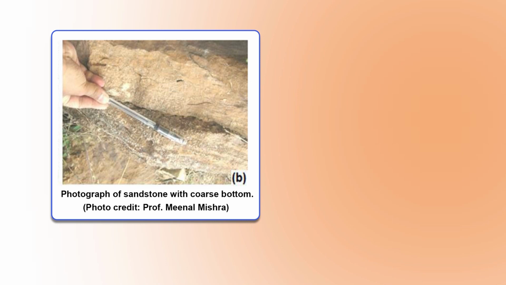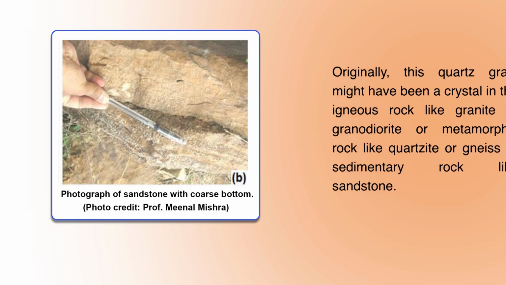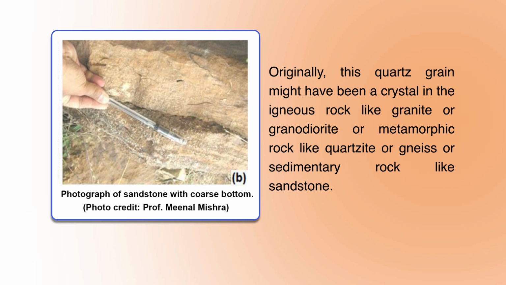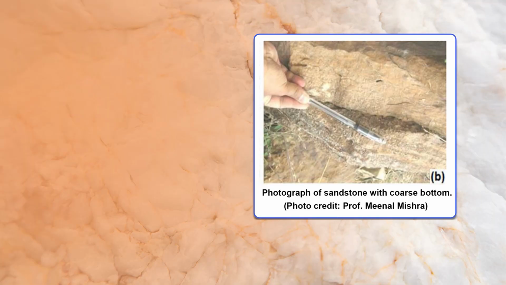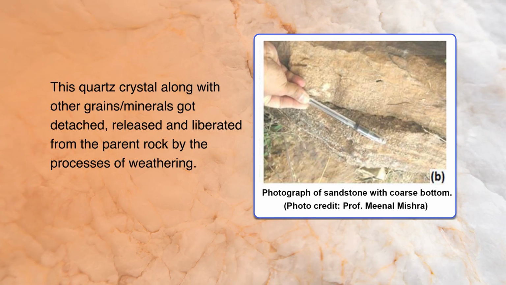The quartz grain in the sandstone originally might have been a crystal in an igneous rock like granite or granodiorite, or it could be from a metamorphic rock like quartzite or gneiss, or a sedimentary rock like sandstone. This quartz crystal, along with other grains and minerals, got detached, released, and liberated from the parent rock by the process of weathering.